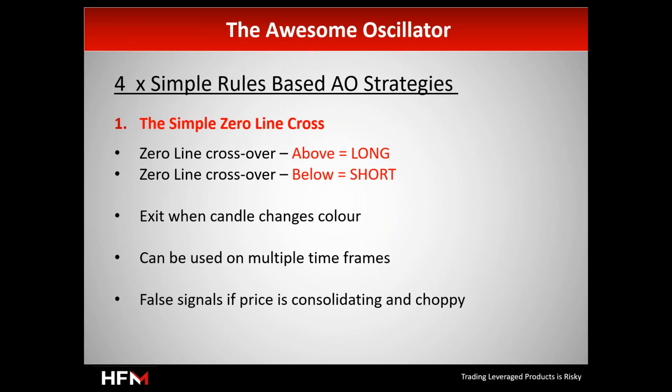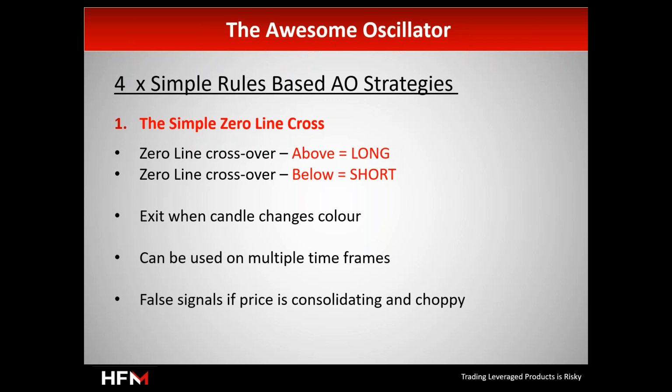How can you get these signals? First of all, you need to identify whether your Awesome Oscillator is sitting above or below the zero line. This will help you identify whether the asset is in bullish or bearish momentum.